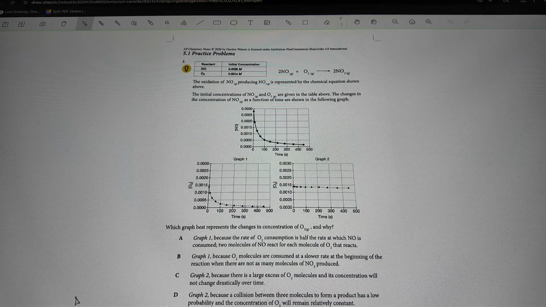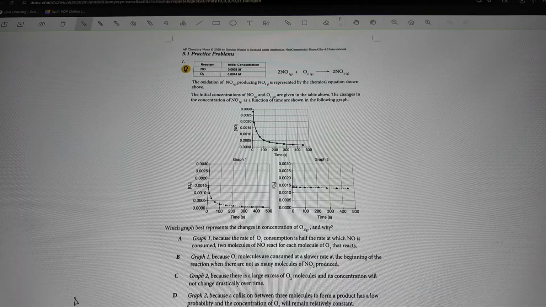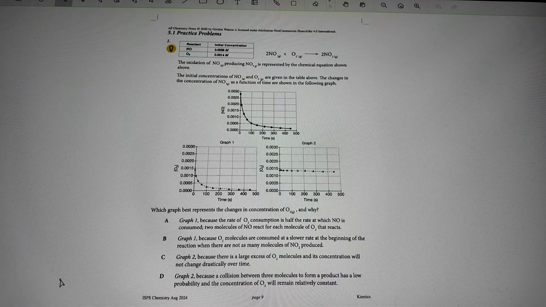Okay, first question. It shows us a table of a reactant of NO and O2 and the initial concentrations.